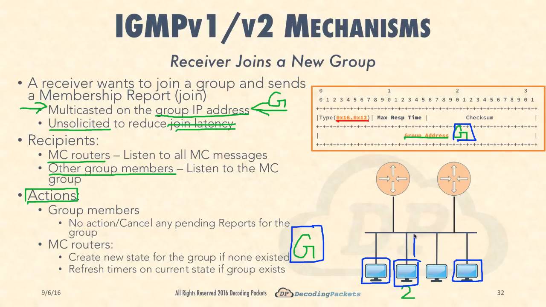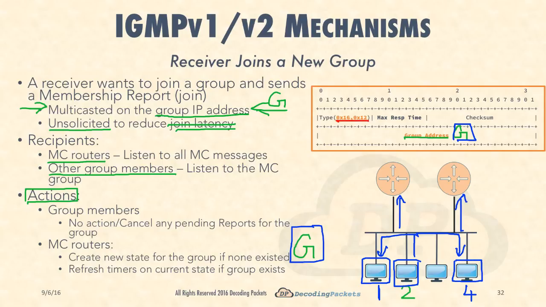Now, if the switch at layer 2 is intelligent, like we discussed earlier, it'll send that packet at least to all of the members of the group. So it will send it over to number 4 here, and it'll also send it over to number 1 here. But more importantly, it will send it up to both of the routers. Both of the routers receive this message because they listen to everything.